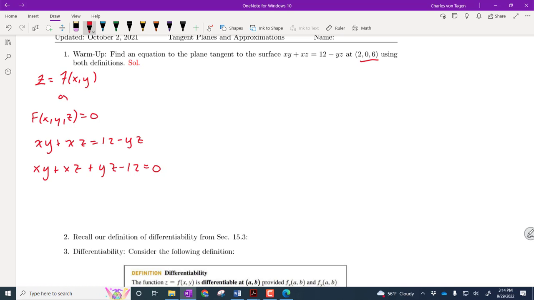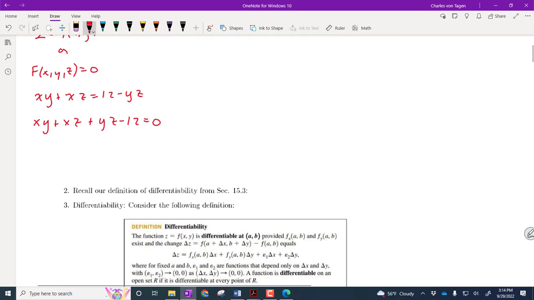So do not forget, you've got to create your function f of x, y, z here. So set f of x, y, z equal to the function xy plus xz plus yz minus 12.